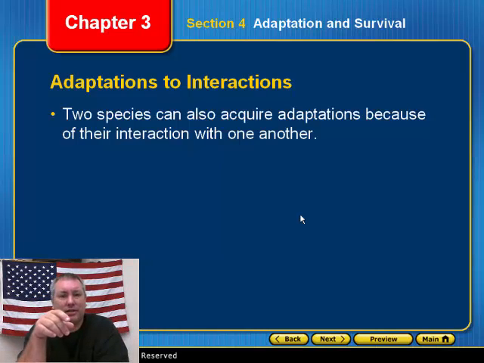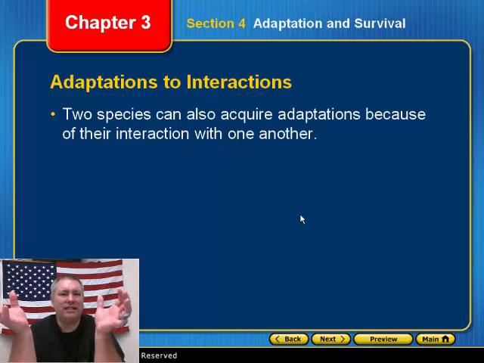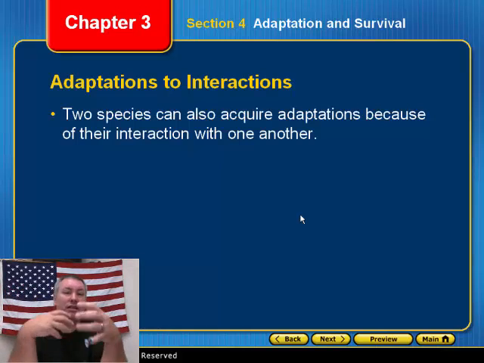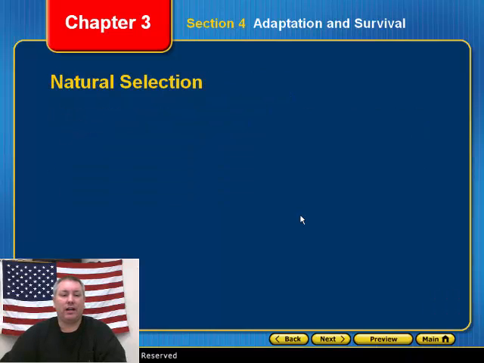It has a very, very long beak so it can reach down into the bottom of the lobelia flower and get the nectar out of that flower. If it had a very short beak, it couldn't get that nectar. So this is an example of how some organisms are adapted because of the interactions they have with each other.